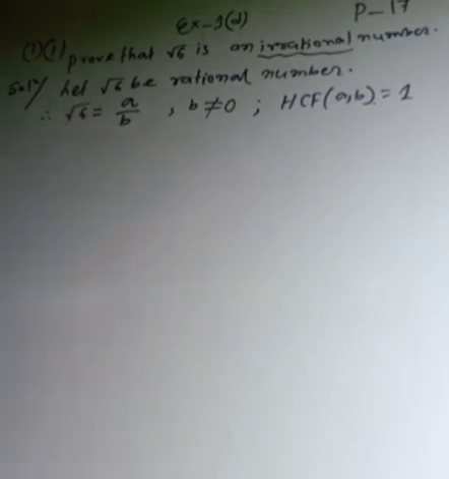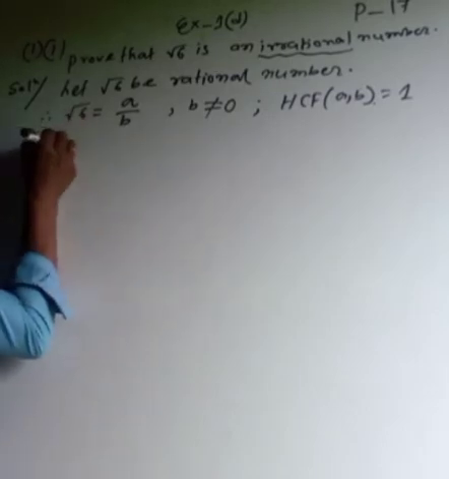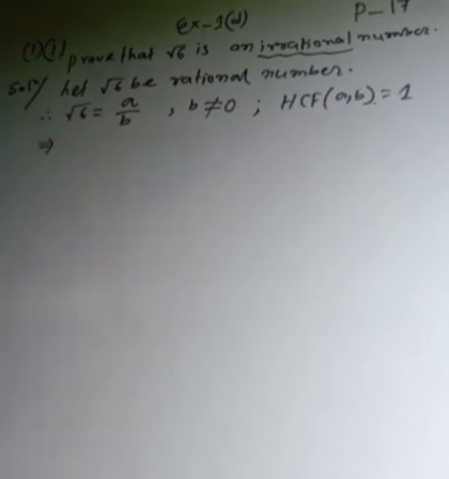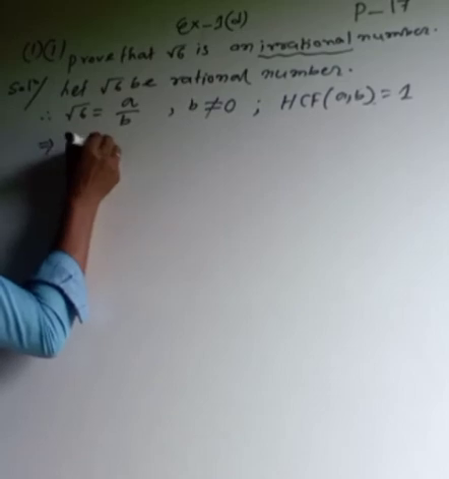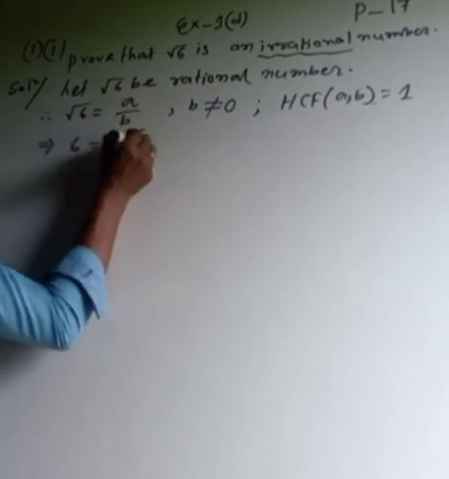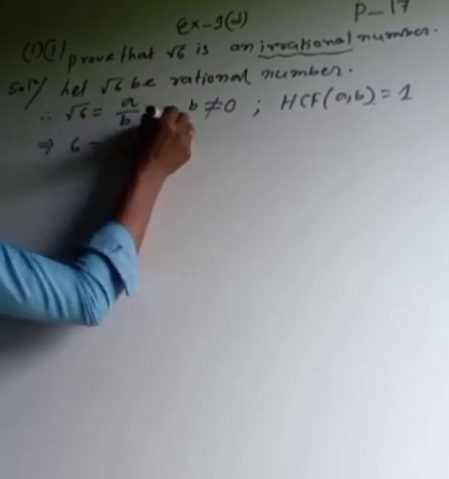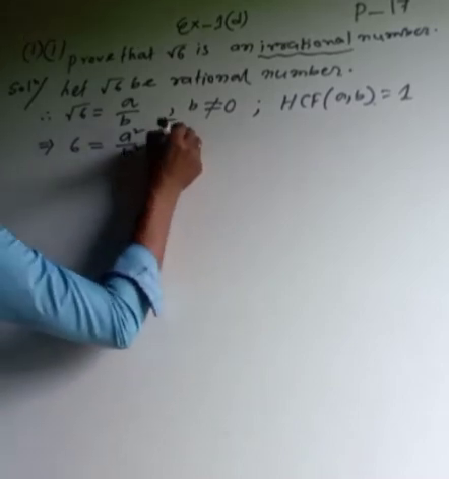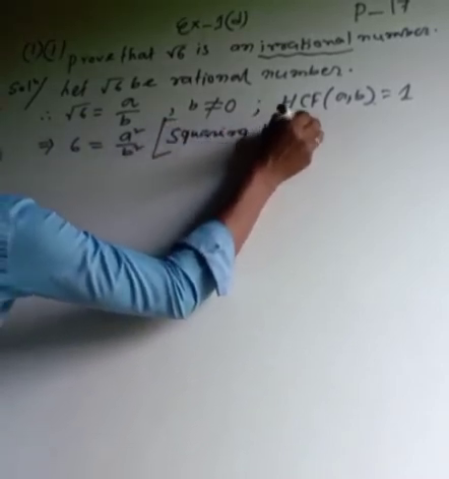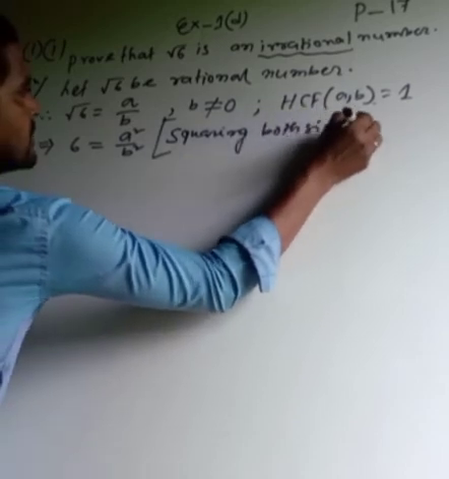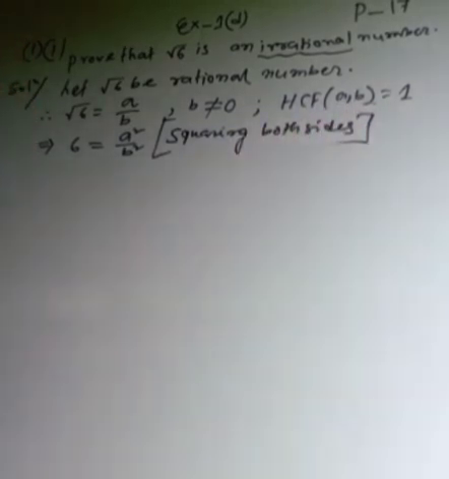After that, what do we have to do? This implies, if you do squaring, 6 equals a square by b square. You can write here, squaring both sides. If you do the square here, then the root will be cancelled.